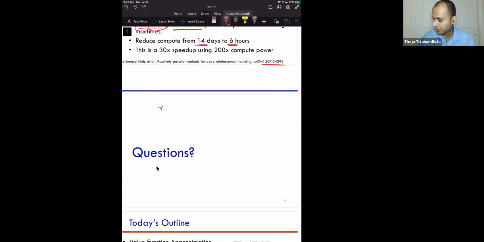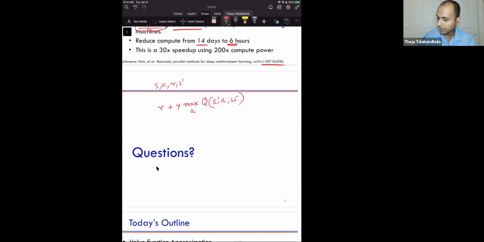So just to get the notation correctly here: R plus gamma max. Let's say there's a state, action, reward, and next state tuple. Then the max over a of Q of, let's say, S prime, A prime at W minus.